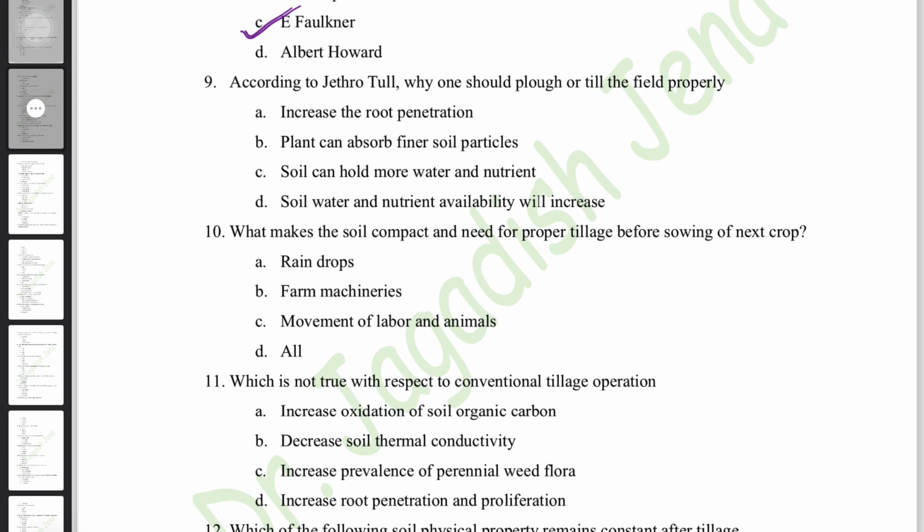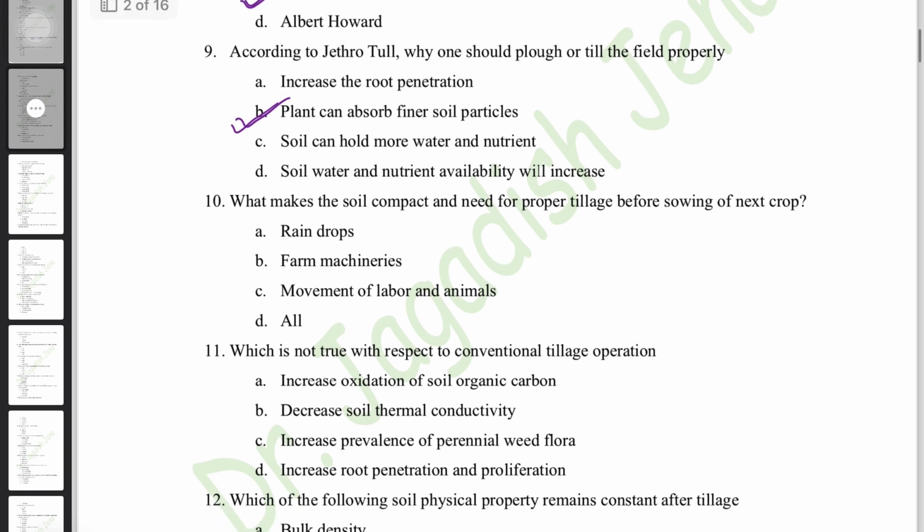So when you plow the soil, the particles become finer and plants can easily take them up for nutrition. The concept is wrong, but he was a pioneer of tillage. So according to him, plants can absorb finer soil particles, and if you are not tilling, then plants cannot absorb those particles. So basically that was the concept given by Jethro Tull.